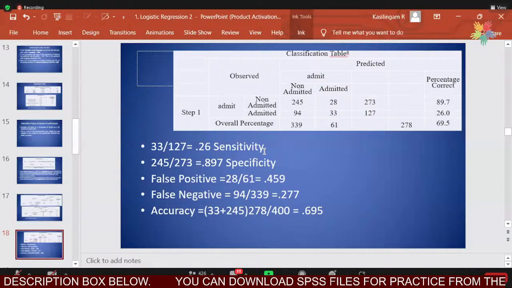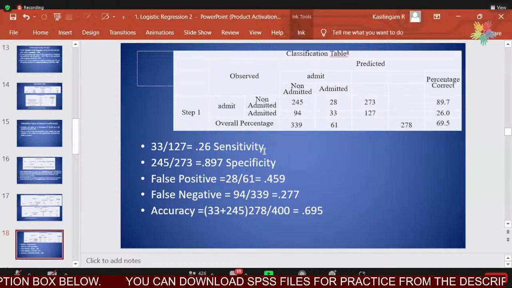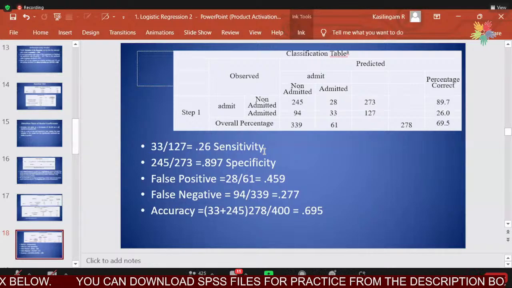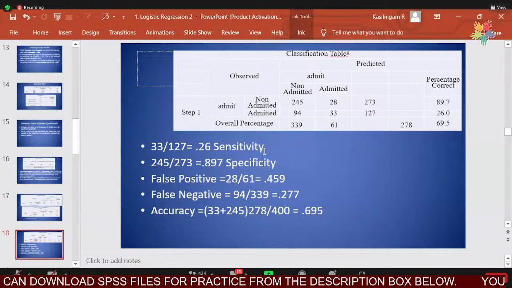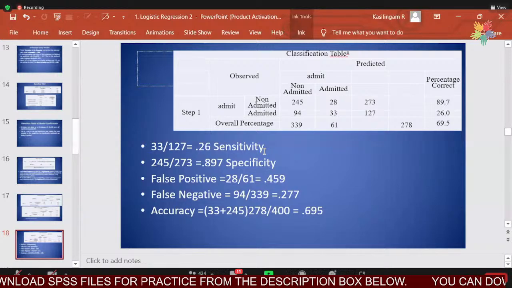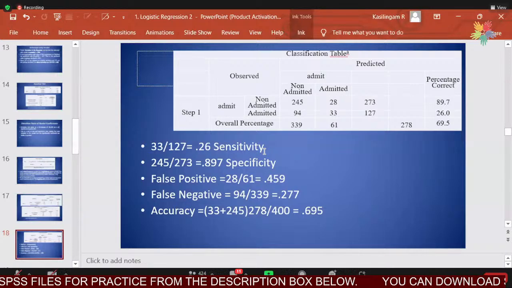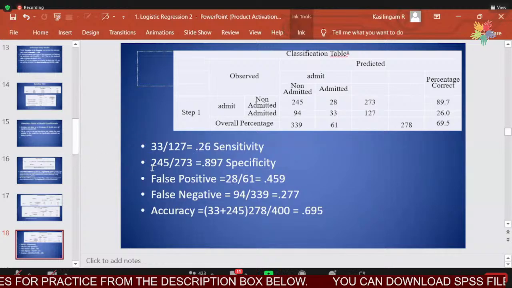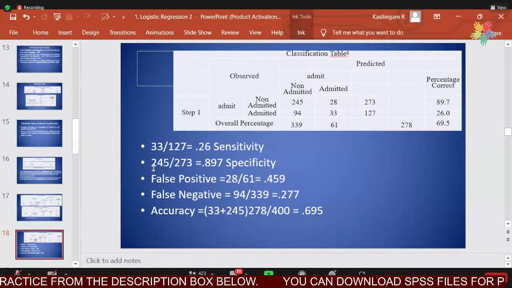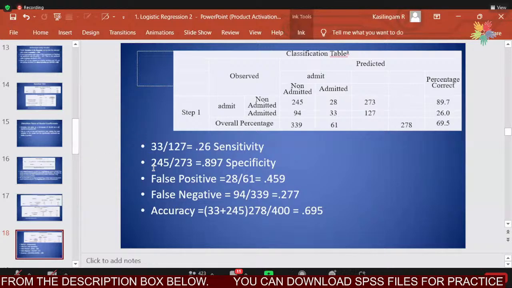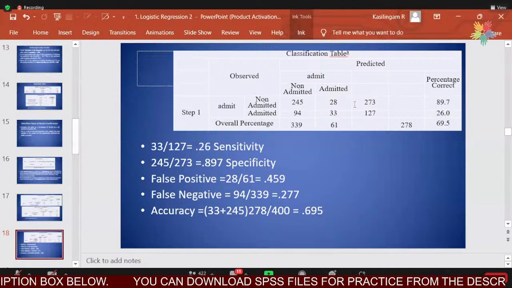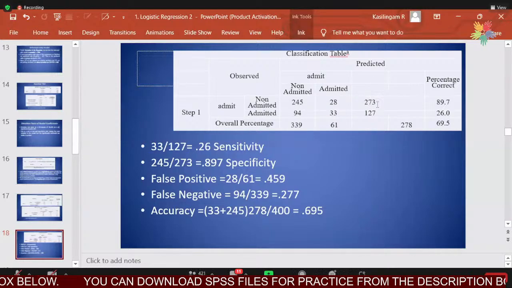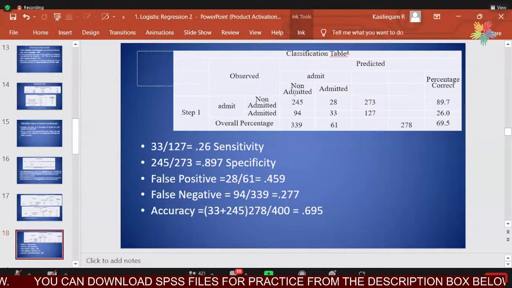What is sensitivity? Admission divided by total admission, both positive. What is specificity? Total not admitted: as per observed, 273 not admitted, but we predicted 245.